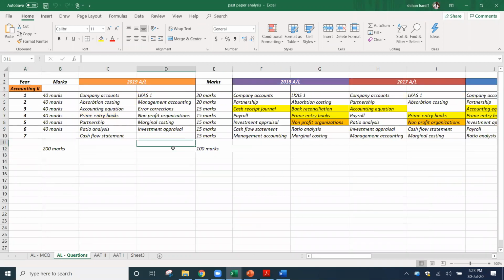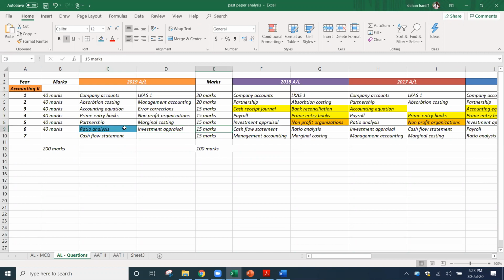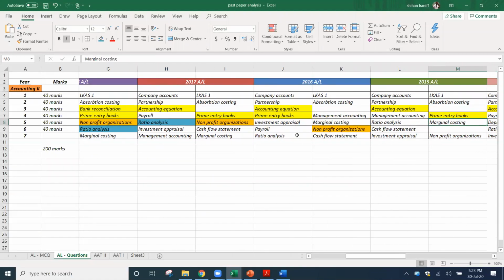Okay. So here is the past paper analysis, ratio analysis. In 2019, question number 6. Then in 2018, it was question number 6. 2017, question number 5. 2016, question 7.